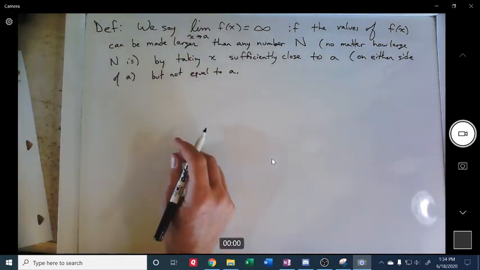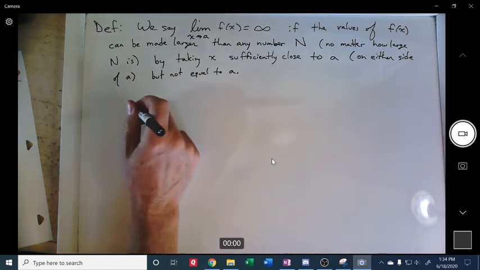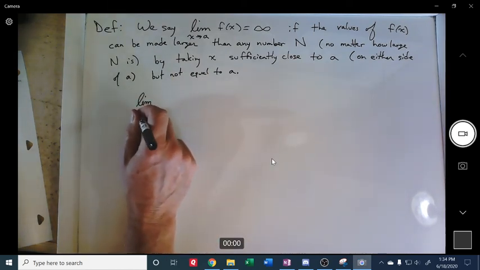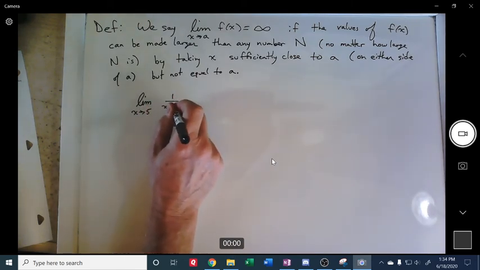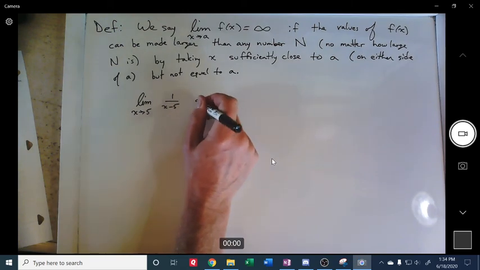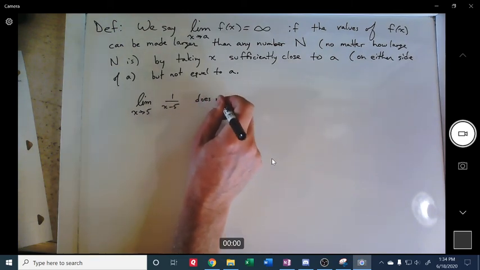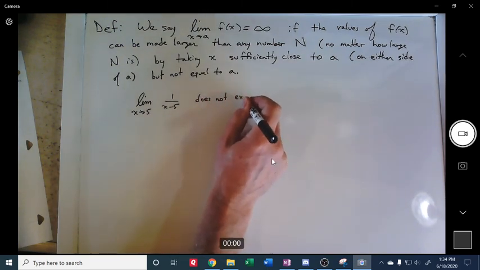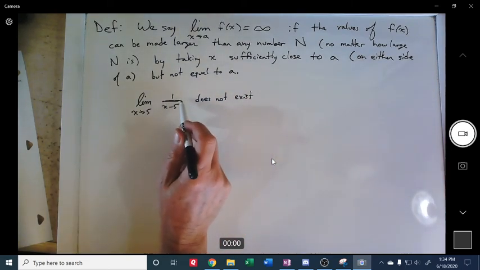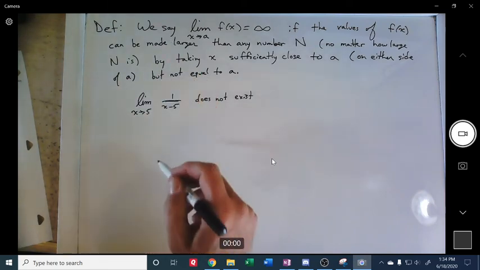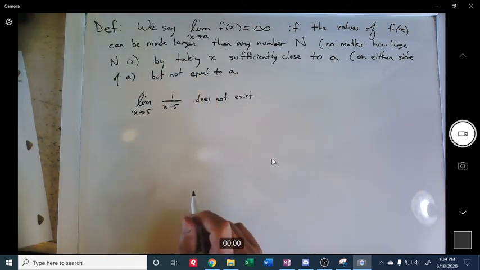All right, with this definition, we could see that the limit as x approaches 5 of 1 over x minus 5 does not exist. As we saw in the graph, if you approach 5 from one side it goes to infinity, and from the other side it goes to negative infinity.